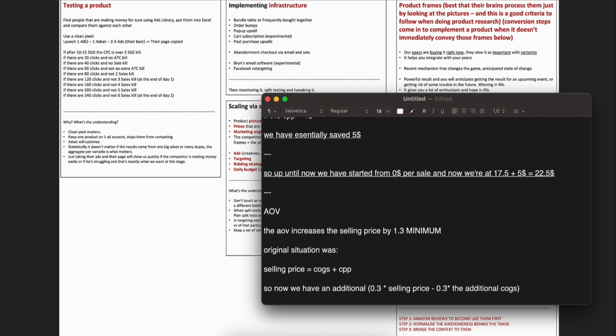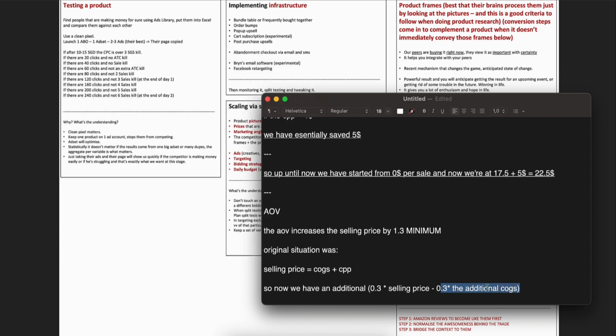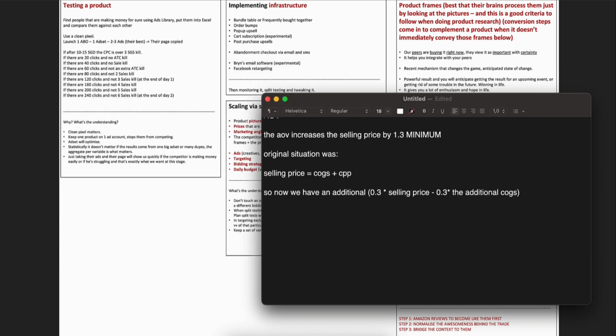So in a sense, what we aim for is COGS that are between $5 to $15, right? So if we divide that by 3, essentially 5 divided by 3, that's 1.6. So additional COGS are basically between 1.6 and 15 divided by 3, which is 5, sort of like this, right?